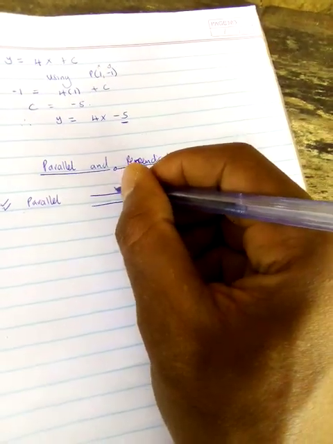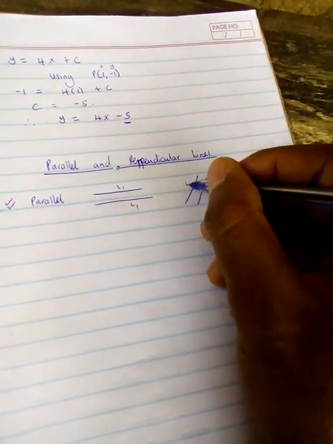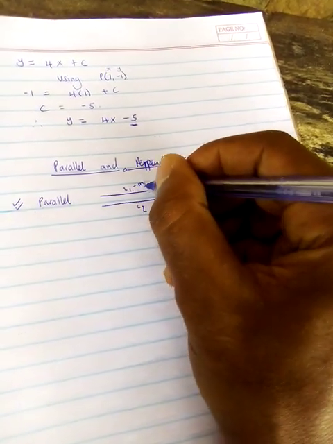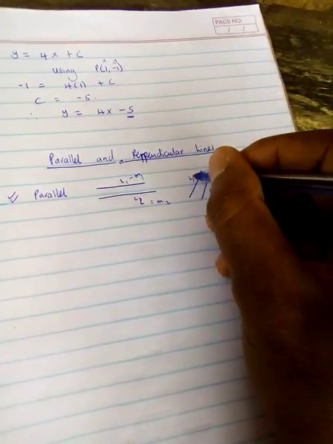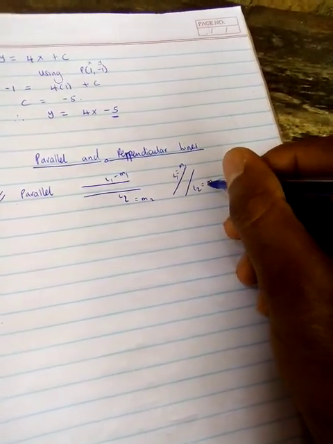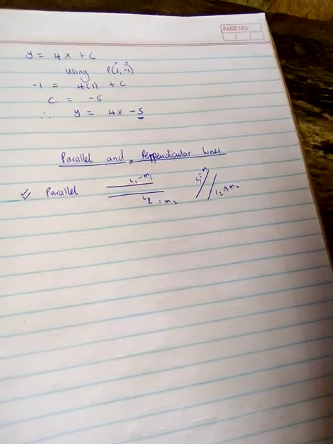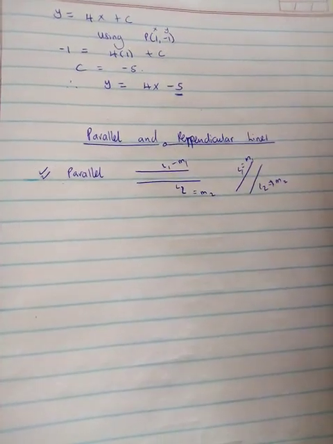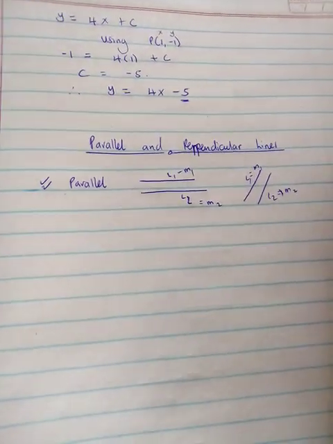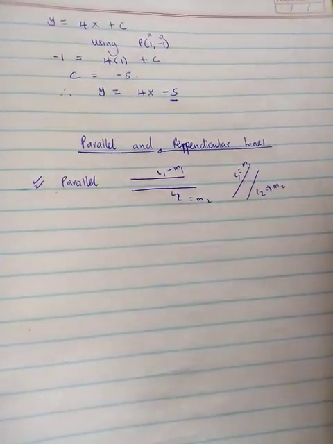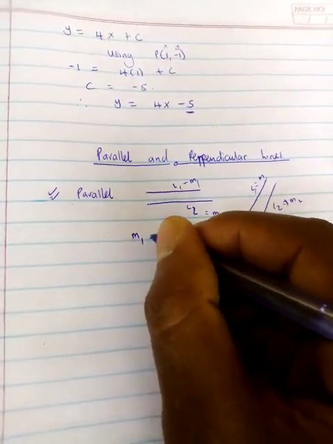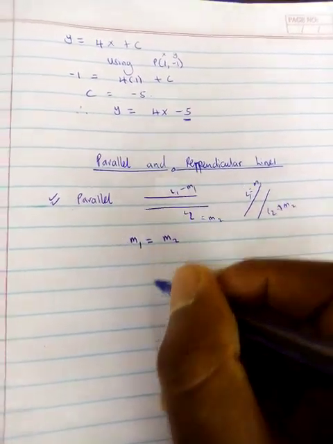If I call this line 1 with gradient m1, and this line 2 with gradient m2, then for parallel lines their gradients are equal. Remember, the gradient is the slope. Their slope is the same because they are parallel, meaning m1 equals m2.